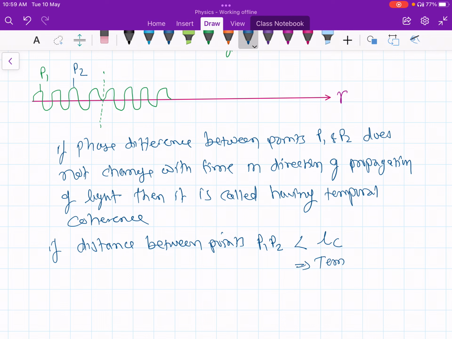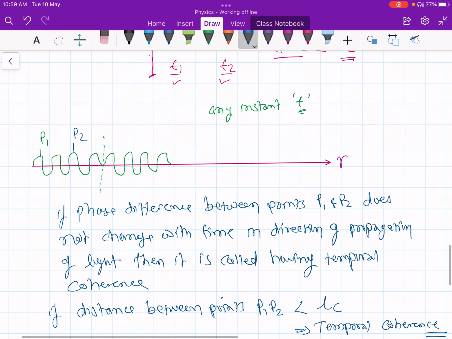It means there is temporal coherence. In other words, you can say that when the distance between points P1 and P2 is less than the coherence length, it means the points P1 and P2 are on the same wave packet, or the wave packet is extended through these points P1 and P2. So when the points are on the same wave packet, if you know the phase at point P1, then you can predict the phase at point P2 because it is changing sinusoidally.